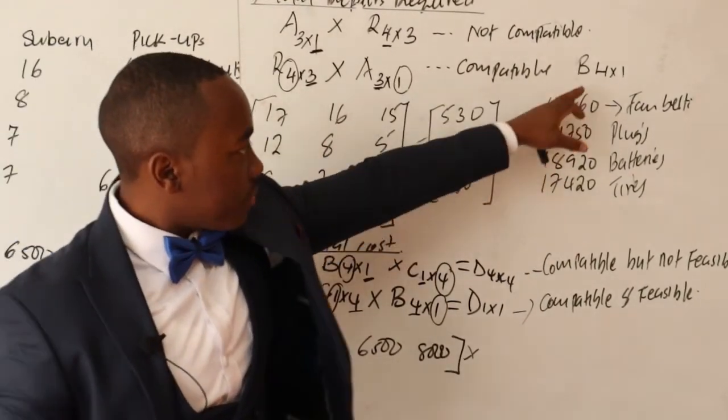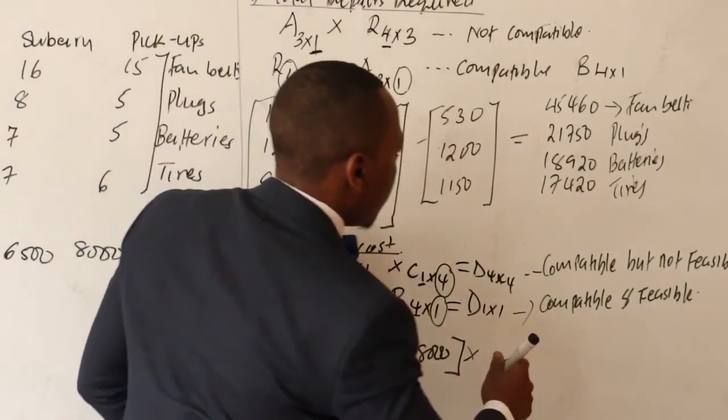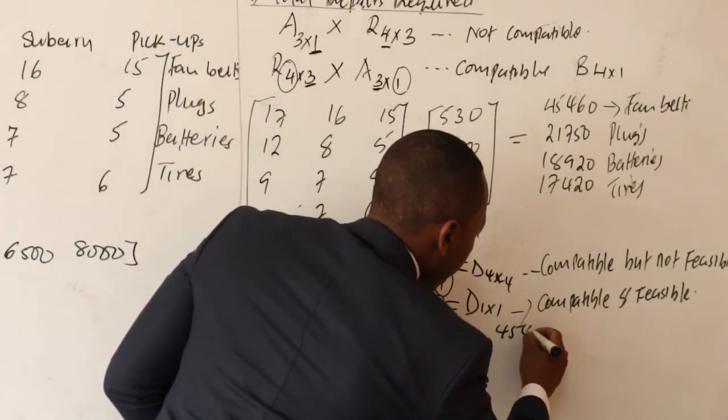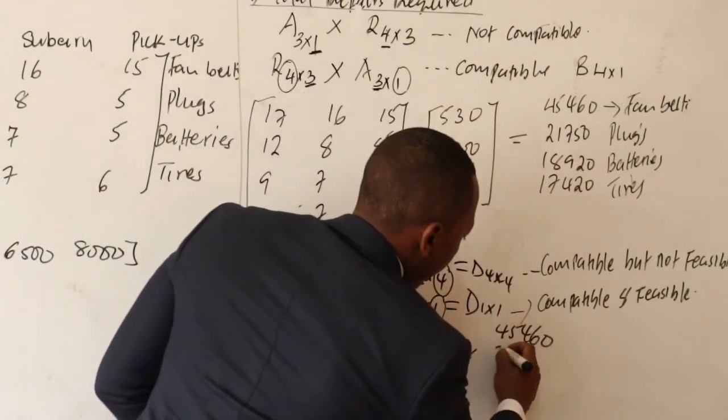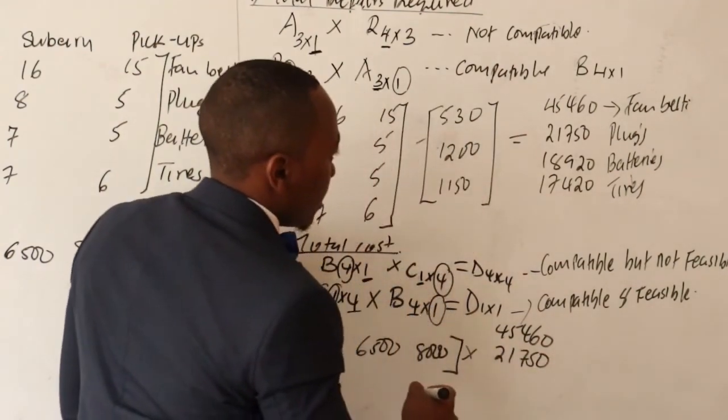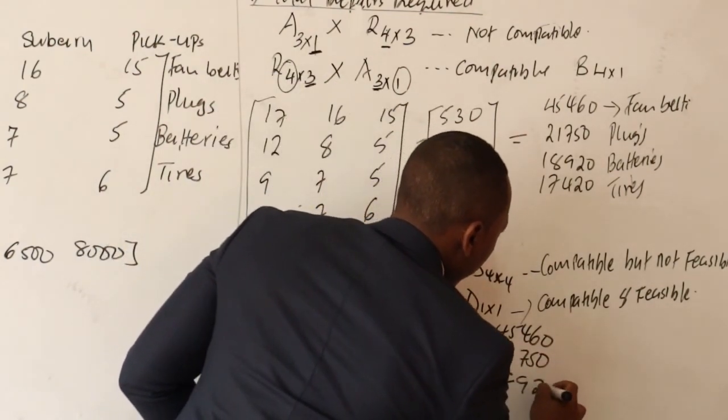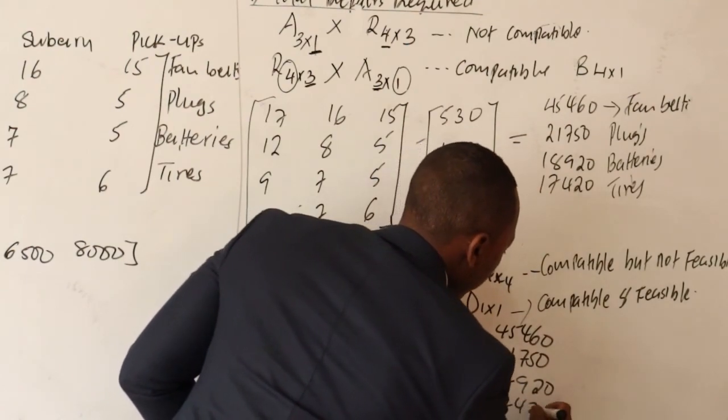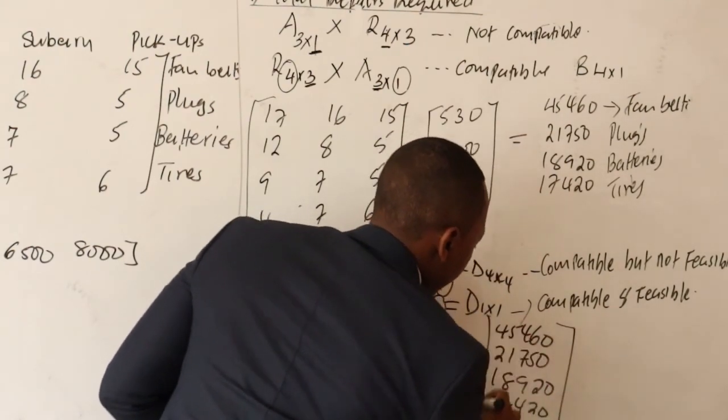That was our matrix B, which is 45,460, 21,750, 18,920, and 17,420.